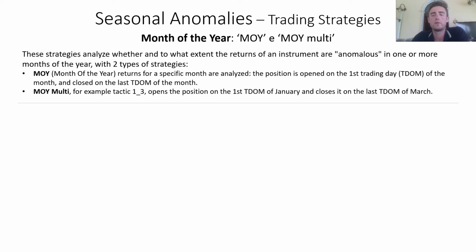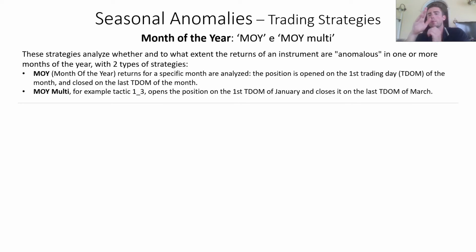Let's start with the first family of strategies called month of year, MOY and MOY multi. These strategies analyze whether and to what extent the returns of an instrument are anomalous in one or more months of the year, with 2 types of strategies. First, month of year. The returns for a specific month are analyzed.